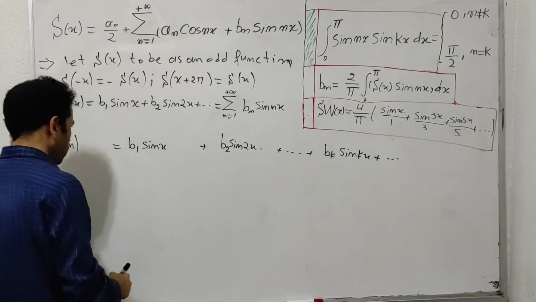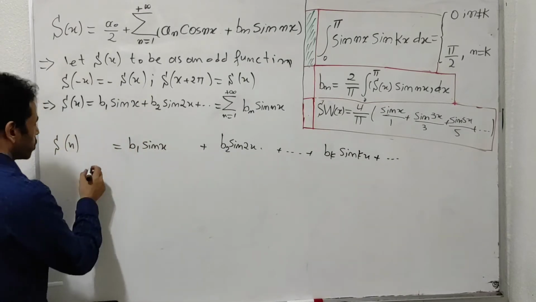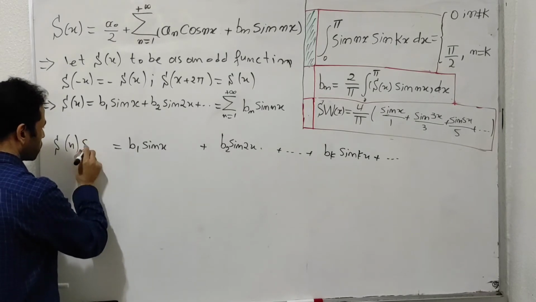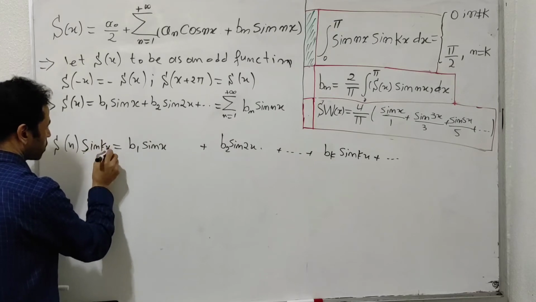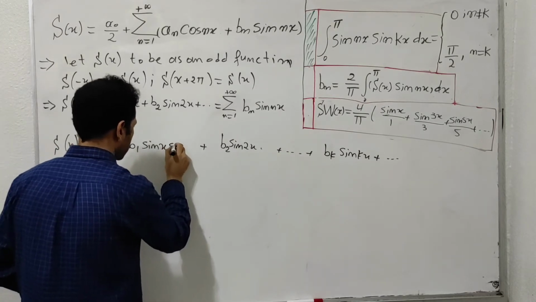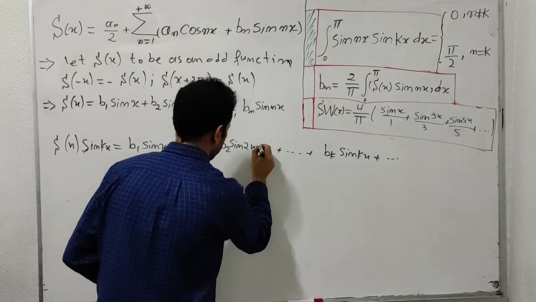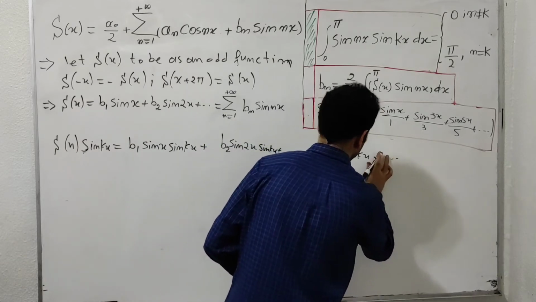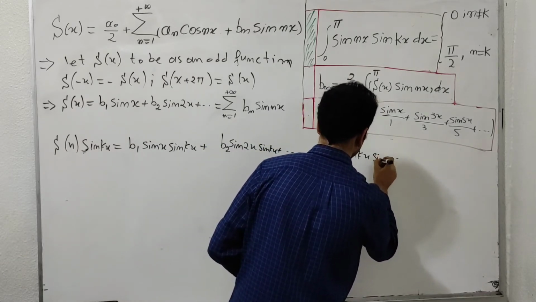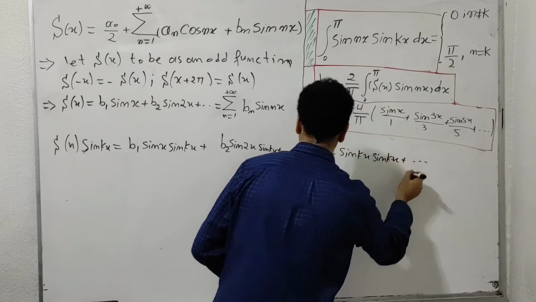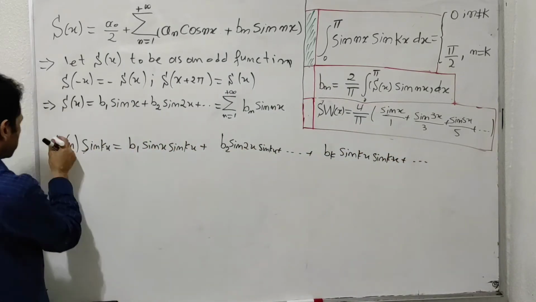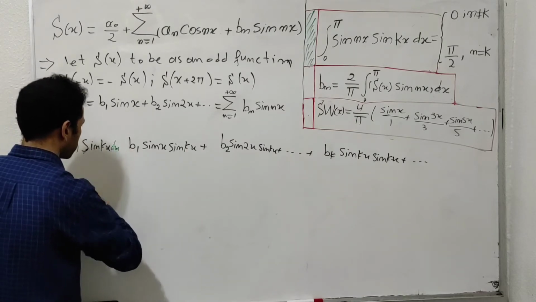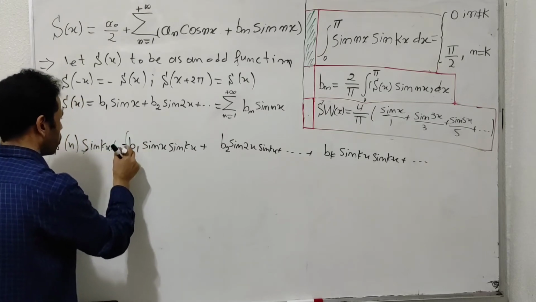Now I'm going to multiply both sides by sine kx, as I said before. I will have sine kx for each term, and finally sine kx. Then I will integrate this from 0 to pi dx. I will integrate all terms.